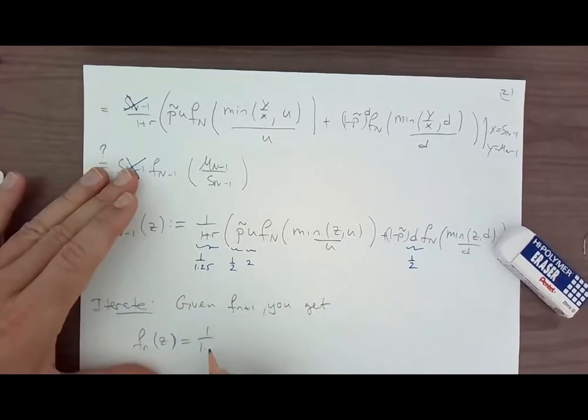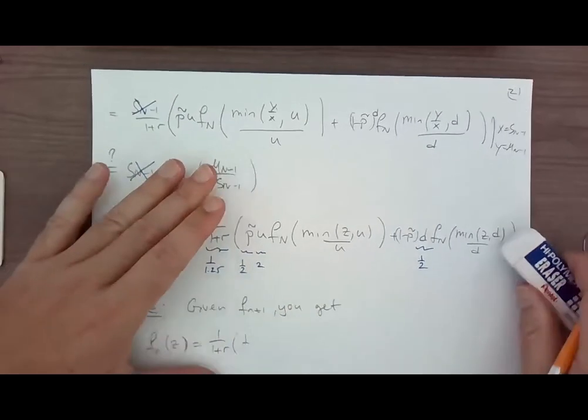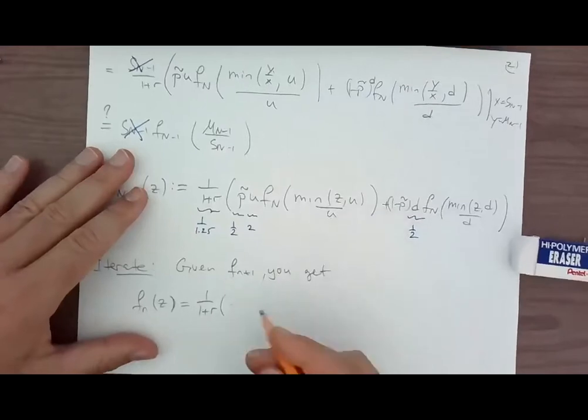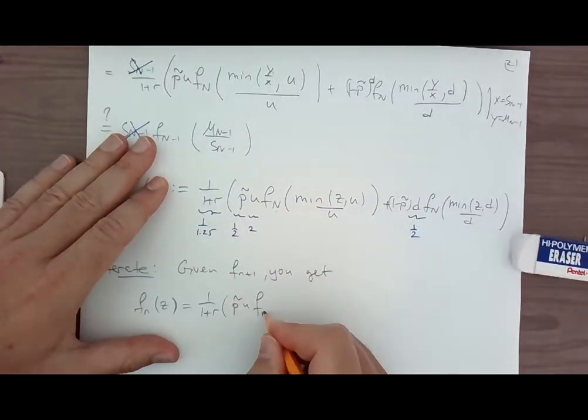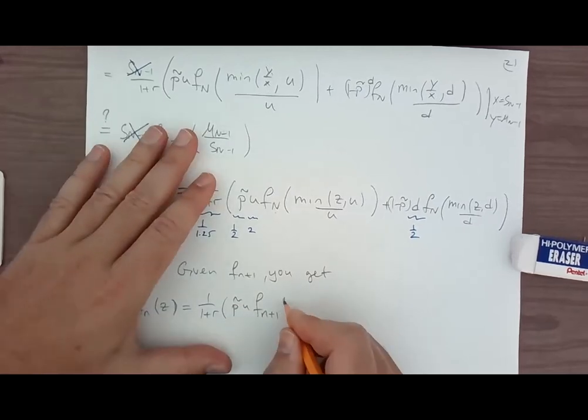This will be 1 over 1 plus r, p tilde u, and then instead of Fn, you have Fn plus 1.